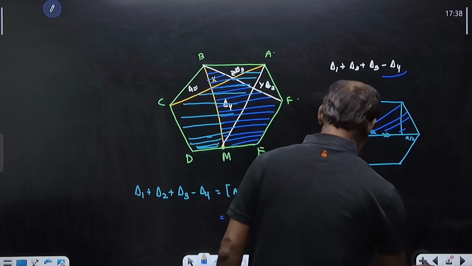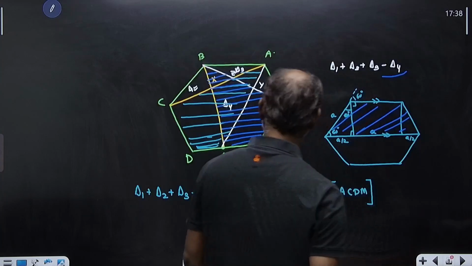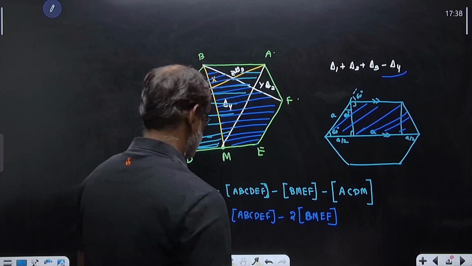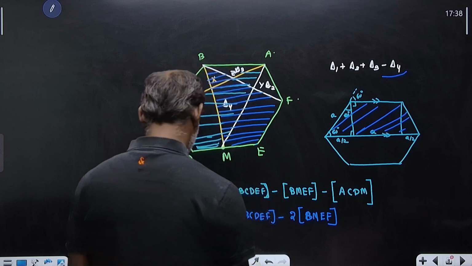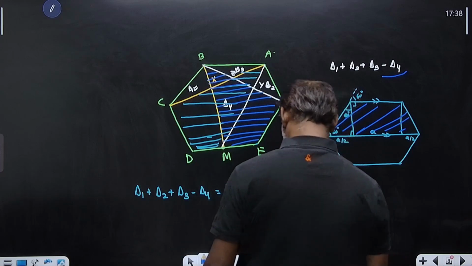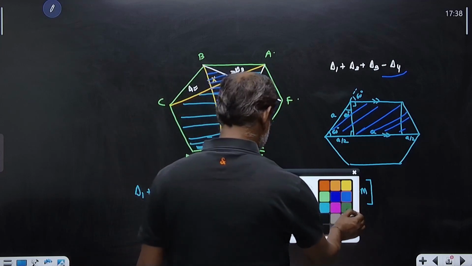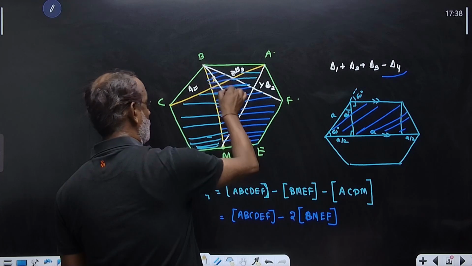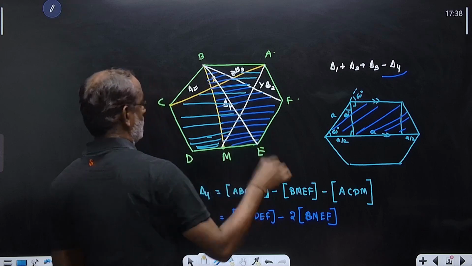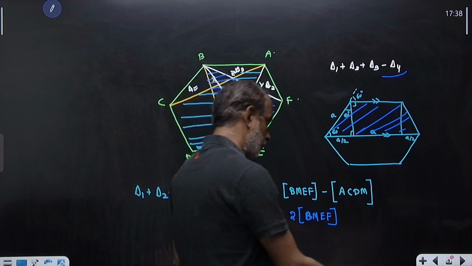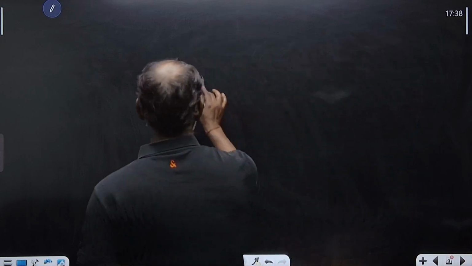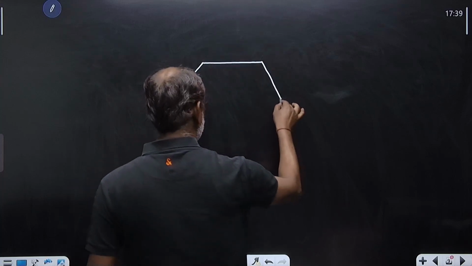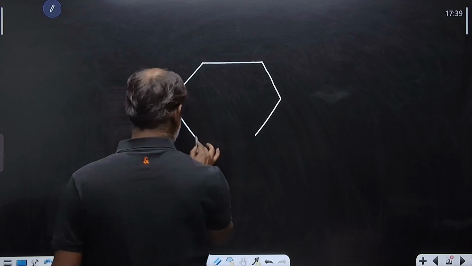So, you can very easily say... Now, let me draw one more diagram, and then I will tell you, because it has become very cumbersome here.